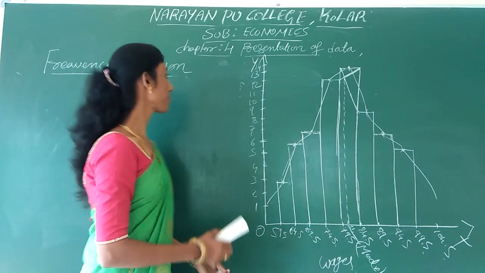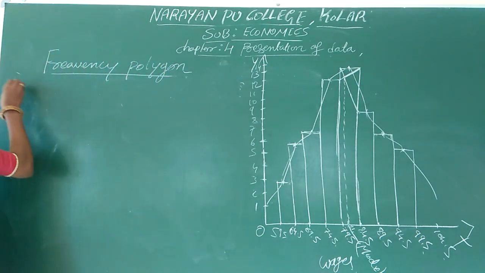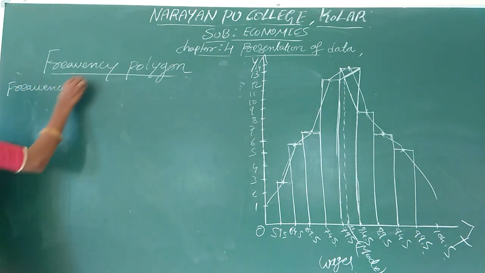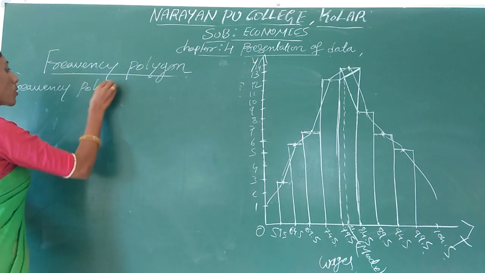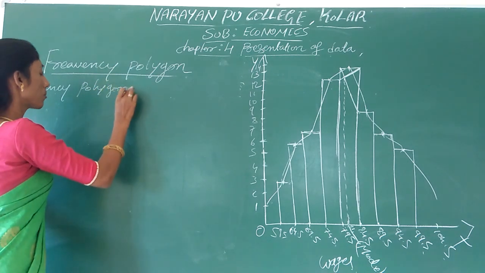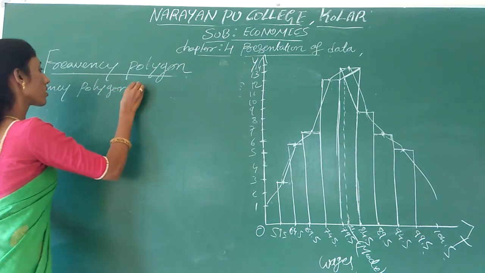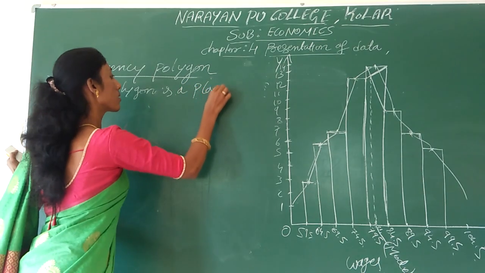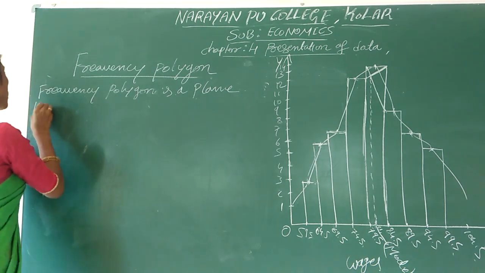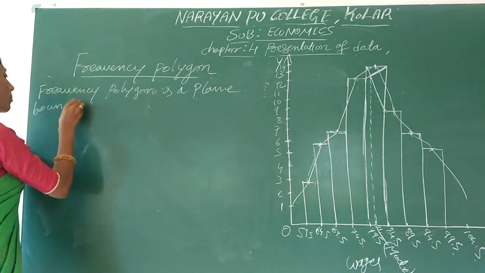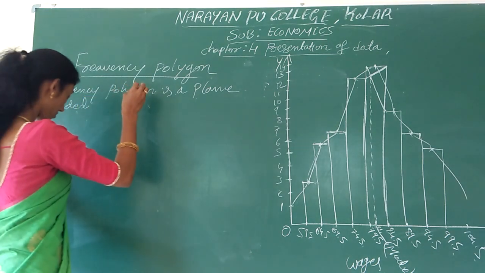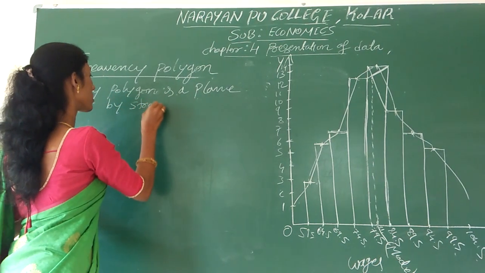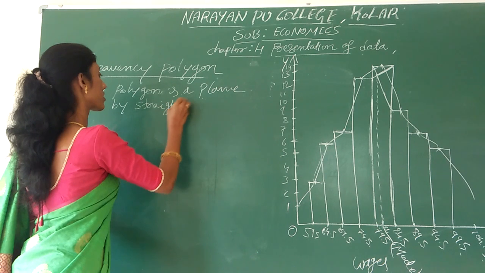Okay, and take down the meaning here. Frequency polygon is a plane bounded by straight lines.